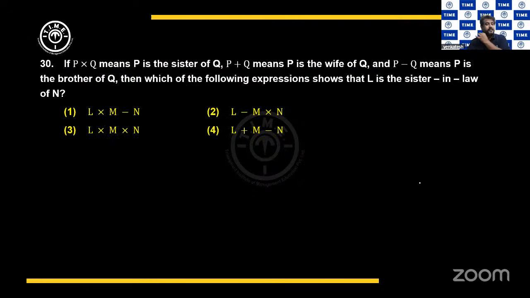Blood relations with some notations are given. P cross Q means P is the sister of Q. P plus Q means wife.